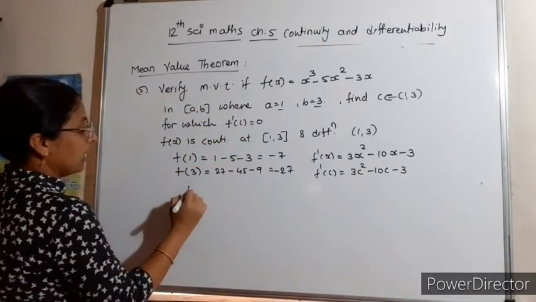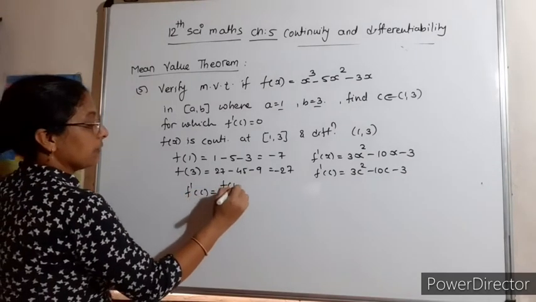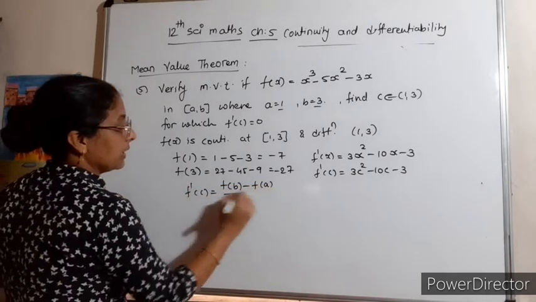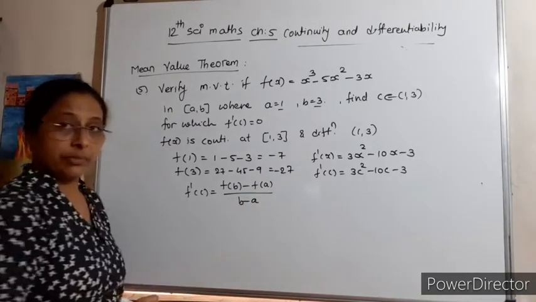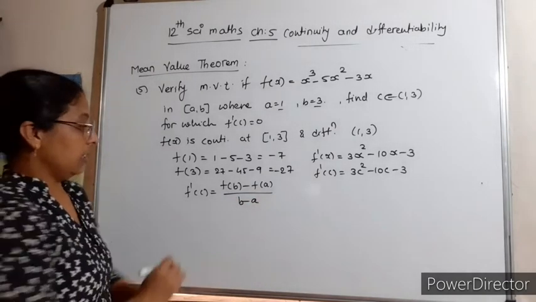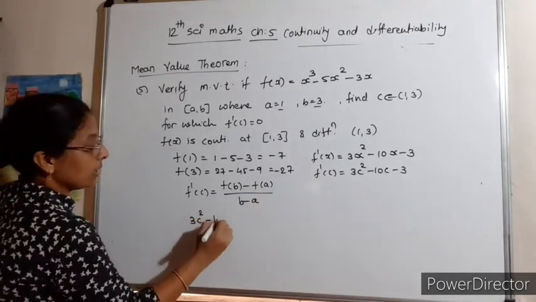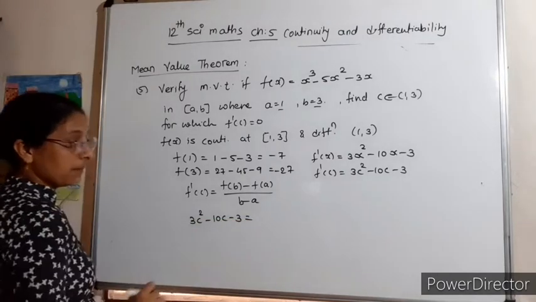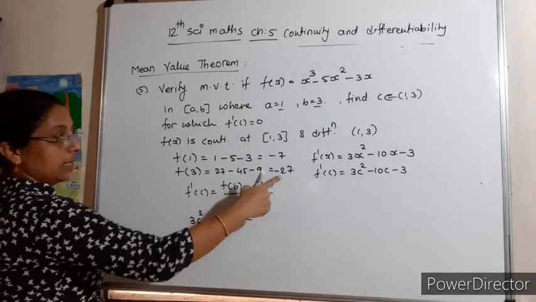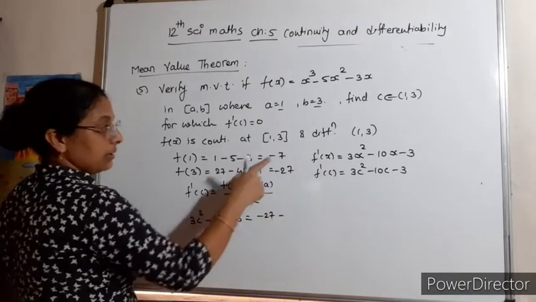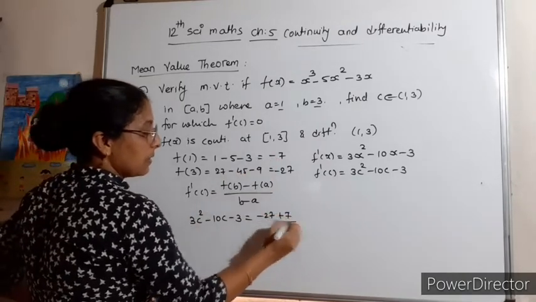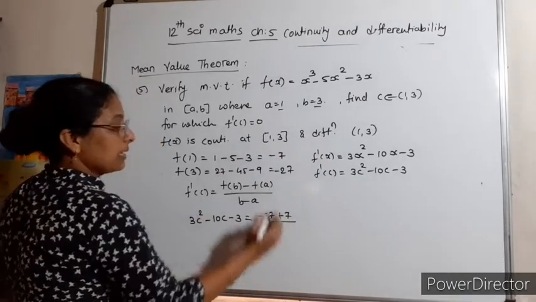Now, by the mean value theorem, f dash c is f of b minus f of a upon b minus a. f dash c is 3c square minus 10c minus 3. f of b is minus 27 minus 7, that is plus 7, upon 3 minus 1.